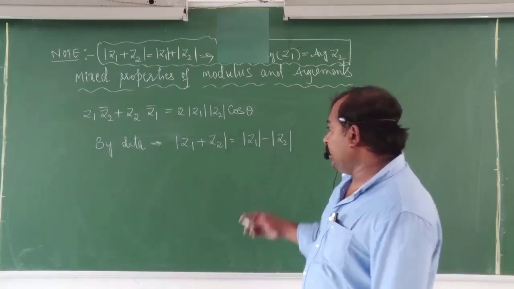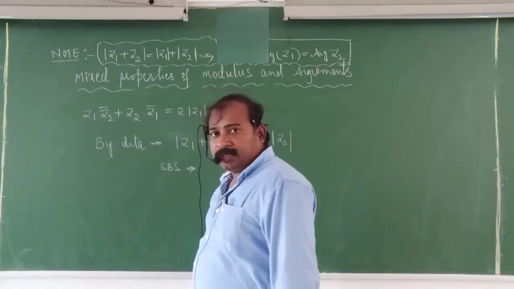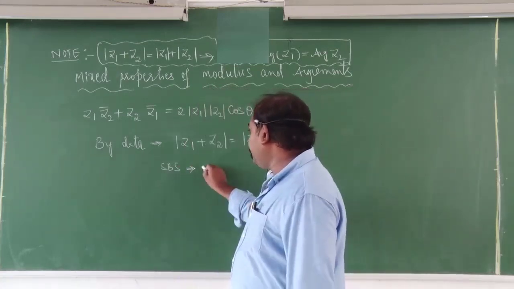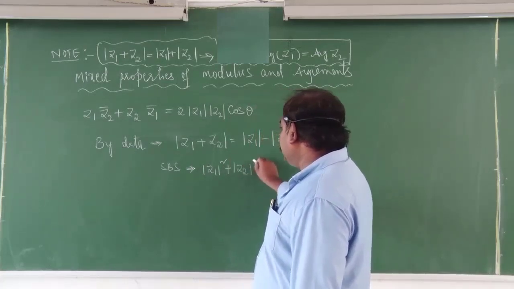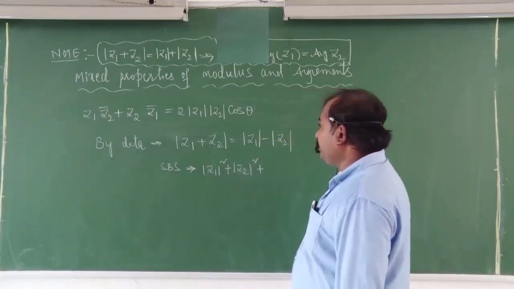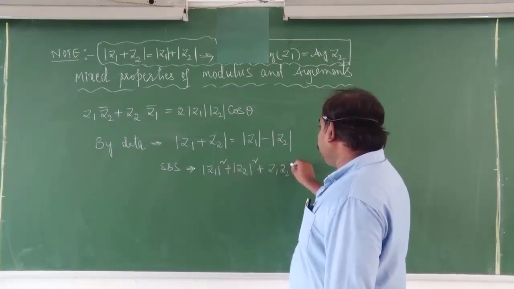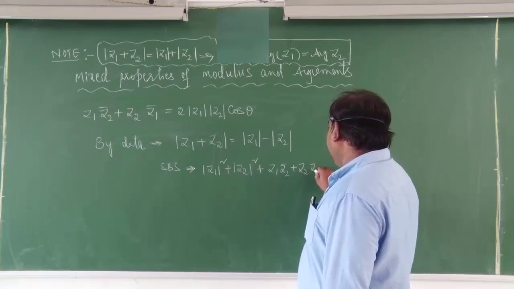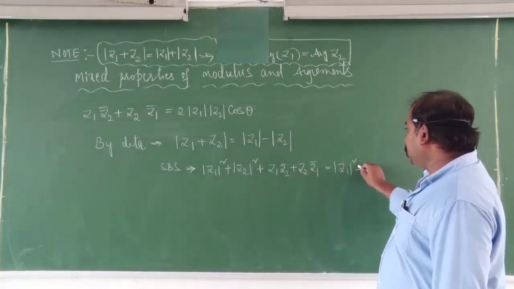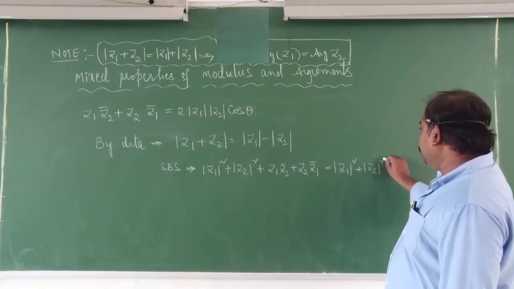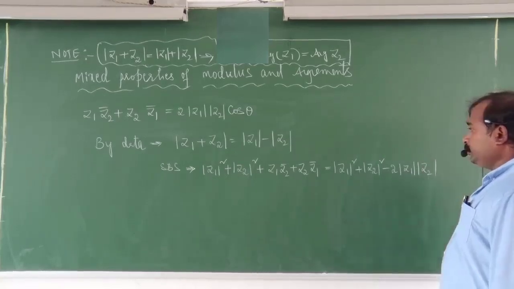Now squaring on both sides, what can I get? Modulus z1 square plus modulus z2 square plus, if you expand this value, z1 z2 conjugate plus z2 z1 conjugate equals, this side, modulus z1 square plus modulus z2 square minus 2 into mod z1 into mod z2.